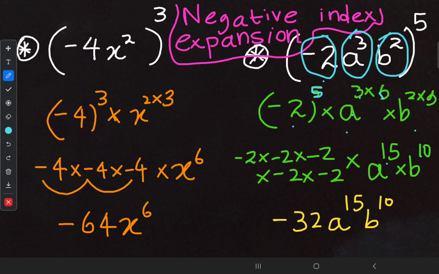In between there is a multiplication mark. This is a cross product, so we can indicate it as a dot product. If there is any multiplication, we can write the answers without the multiplication mark in between. Negative 32 a to the power of 15, b to the power of 10 should be your answer in this case.